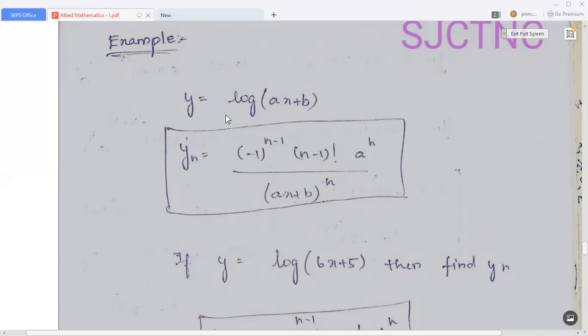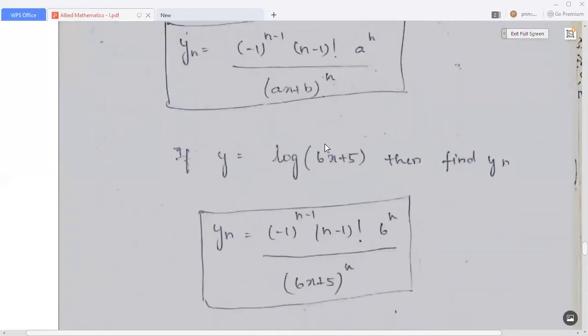So using this formula, we can find the nth derivative of log(6x+5). Here instead of a we have 6, instead of b we have 5. So we use this formula.